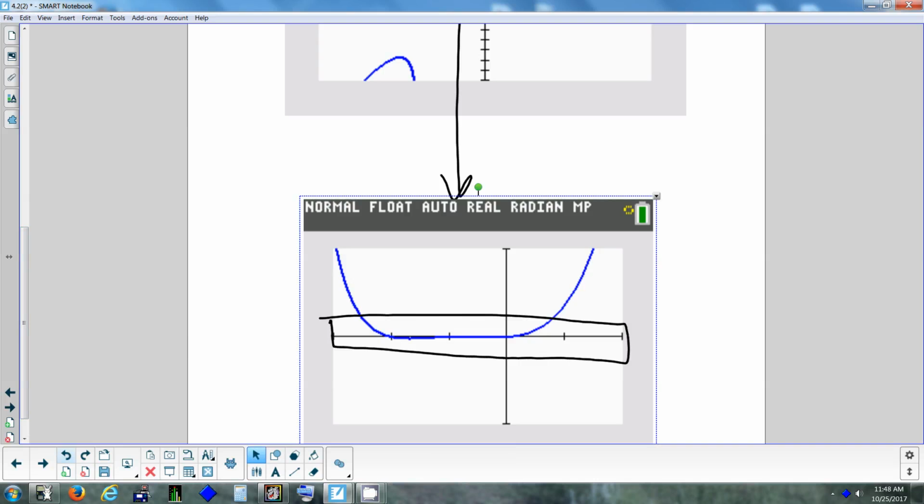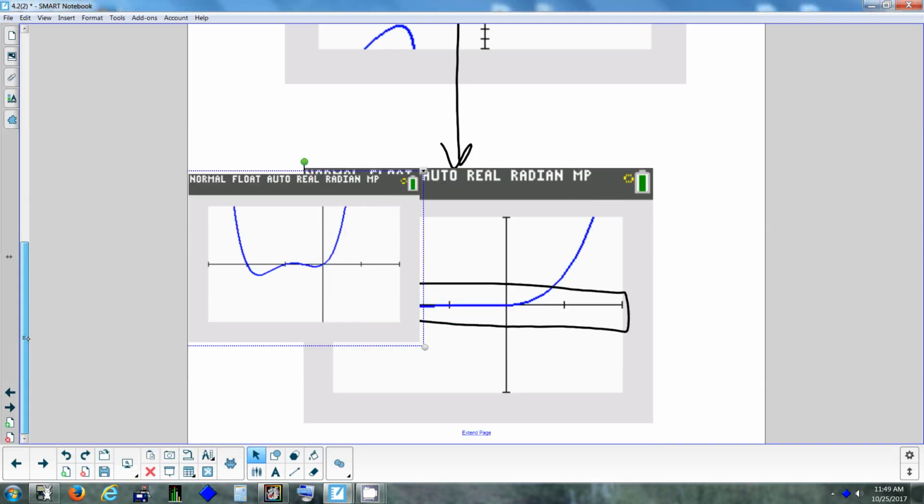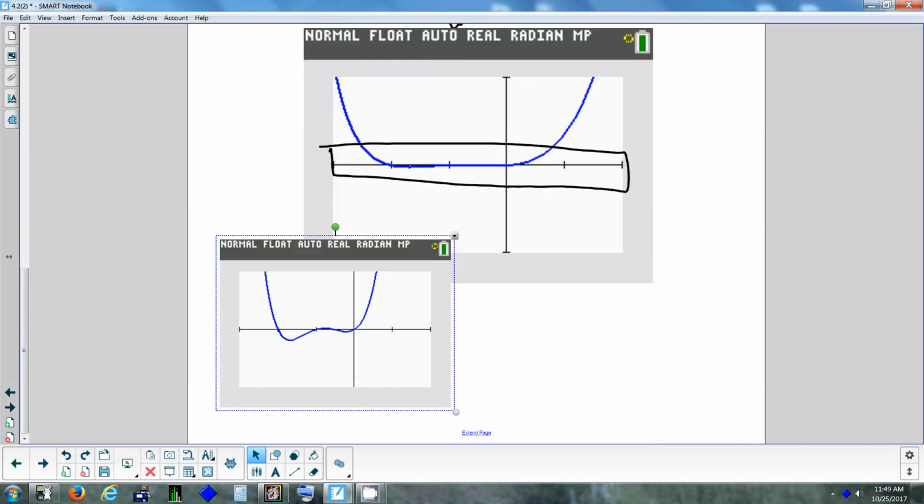So I'm zooming in even more on the y-axis. Let's see what that looks like. All right, now that we've zoomed in even more, we can see that.